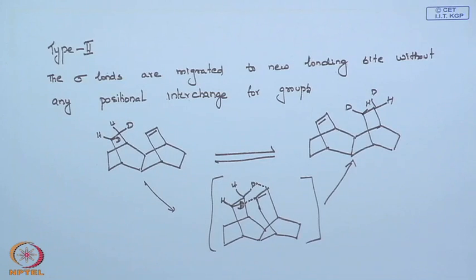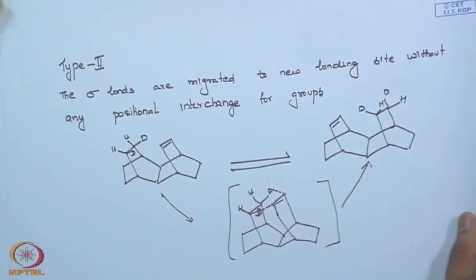So these are the two types of diatropic rearrangements. Let me briefly tell you what a diatropic rearrangement is. A diatropic rearrangement is a class of pericyclic reactions in which two sigma bonds undergo rearrangement intramolecularly, in a concerted manner, and the movement of the two sigma bonds should be simultaneous.